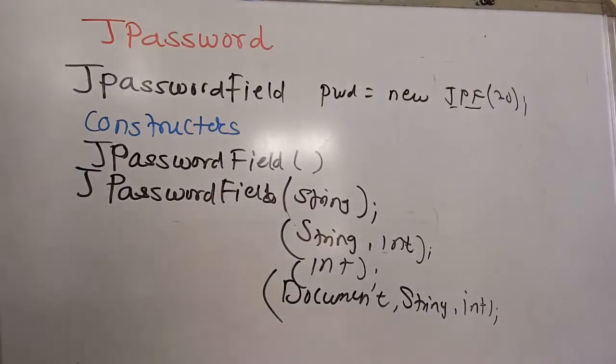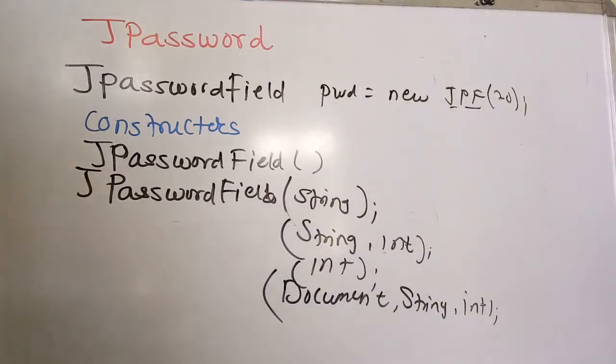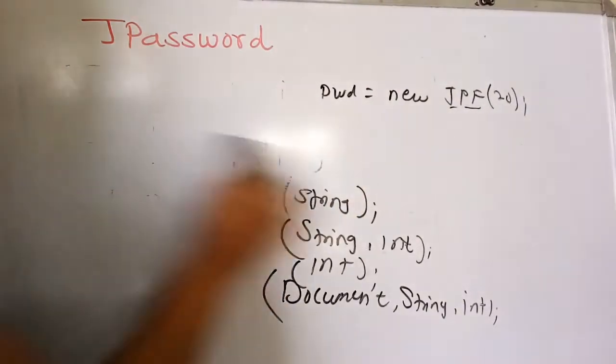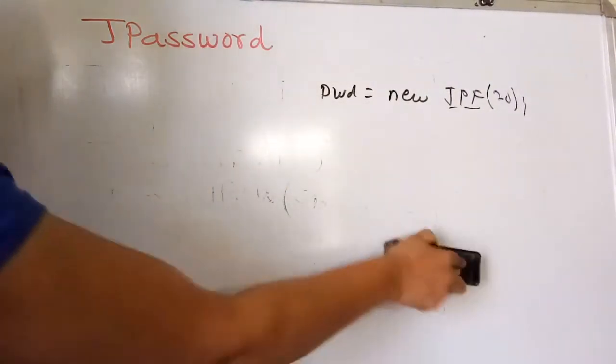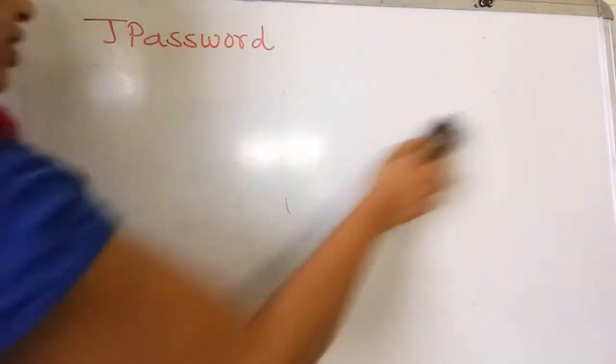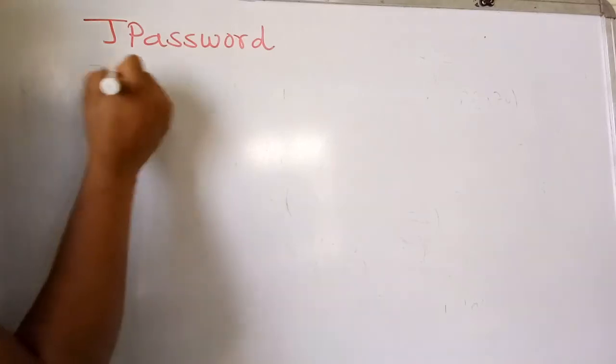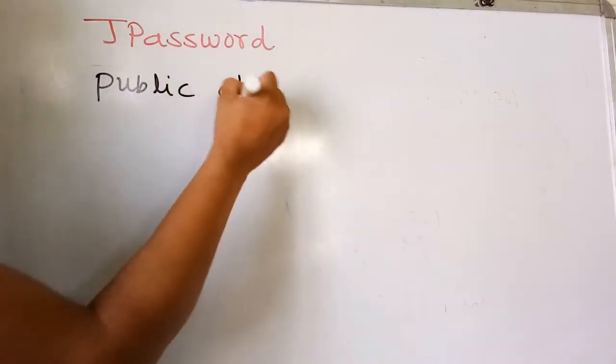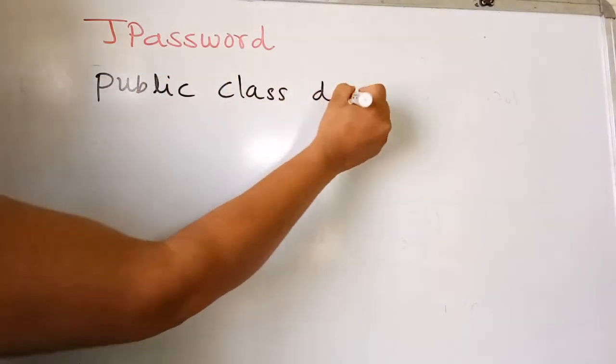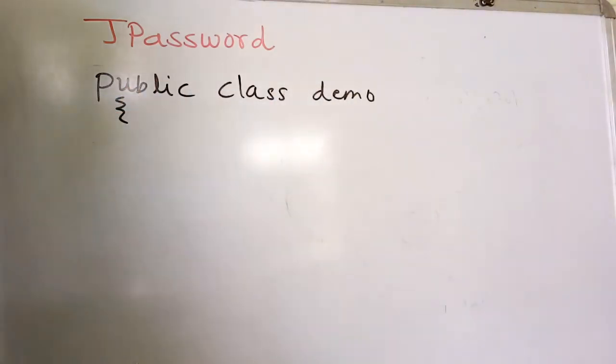We will see how to actually use the JPasswordField in our programming with one example. For that we will create one class that is known as public class demo. What we have to accept?